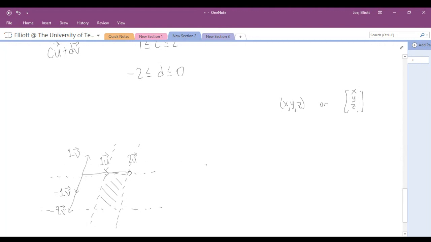And I know someone asked, so quickly, let's say if it were just c less than 1, let's maybe say d is greater than 3. Let's see what that will look like.